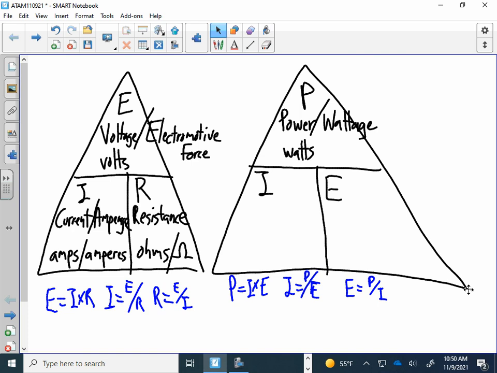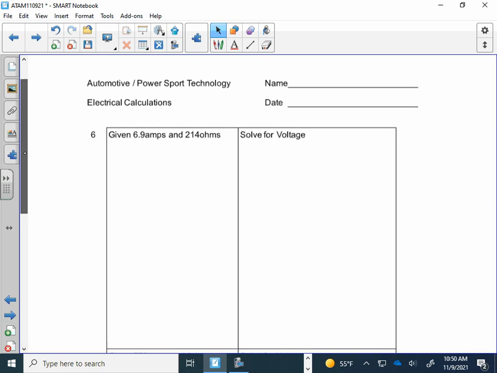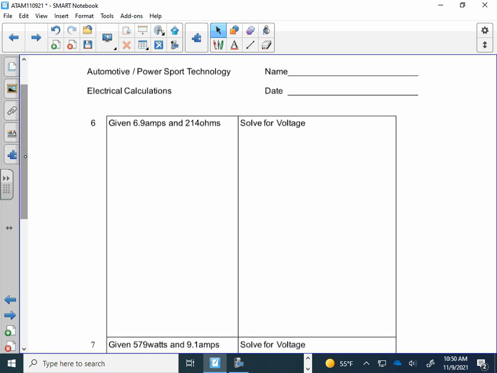All right, let's look at some examples of calculations. So remember, given any two quantities, you can find the third. So I have 6.9 amps and 214 ohms, and I'm looking for voltage.